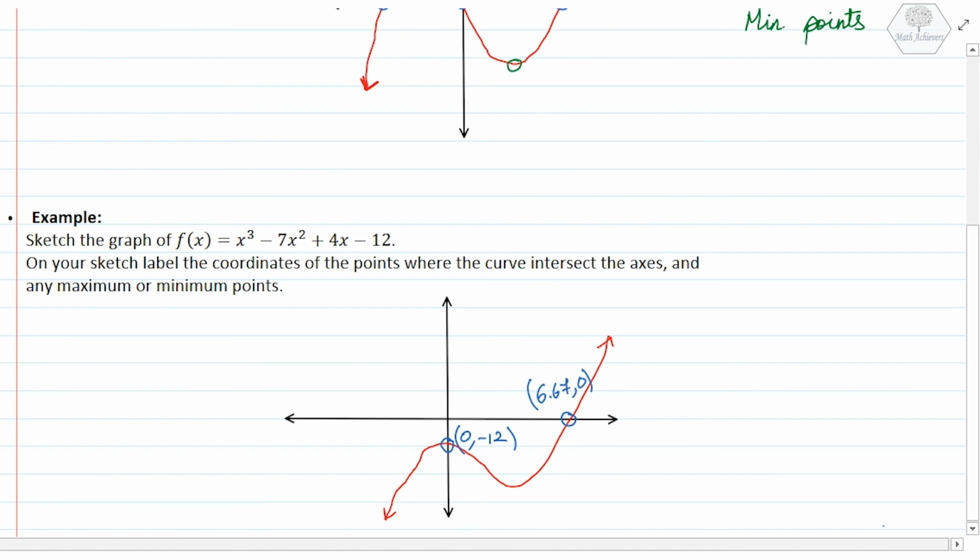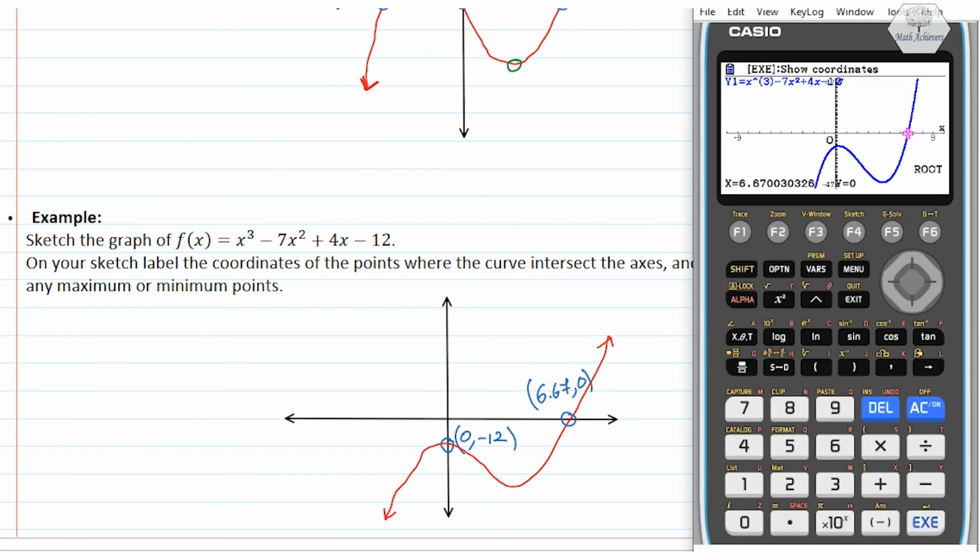And let's find the maximum and the minimum points. I go to Shift G solve max for the maximum point. I find the maximum point to be 0.305 with y negative 0.4, which is close to the y-intercept. Let's find also the minimum point.